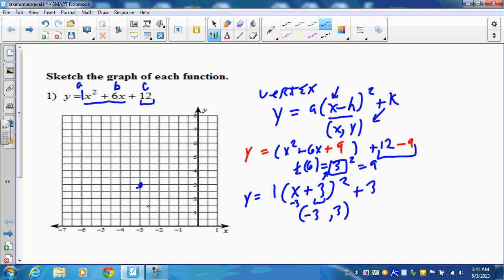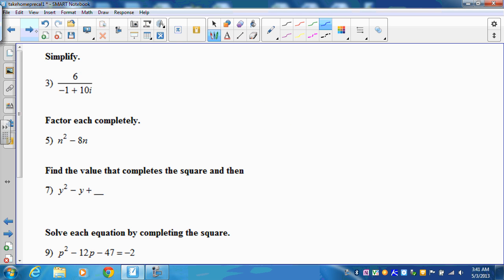And since we're not really too concerned with the accuracy of this graph, we know we're going to have a parabola that's facing up, because that's a positive 1. So just sketch yourself a parabola that goes up like this. Okay? Alright, so just make sure that you realize that this is the vertex formula. And it's completing the square is what we did.